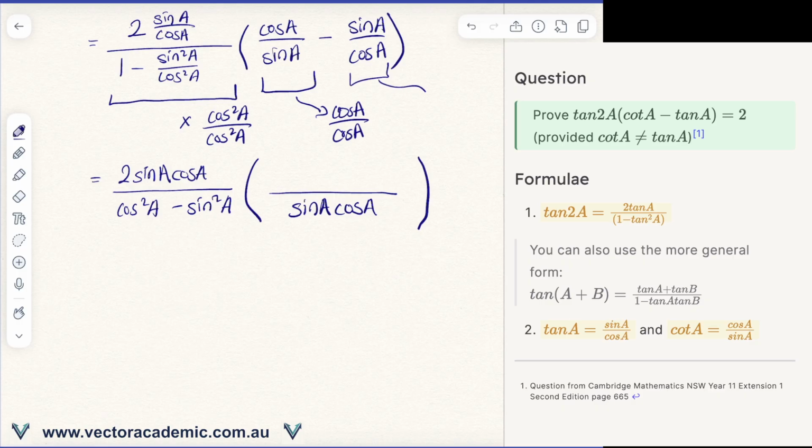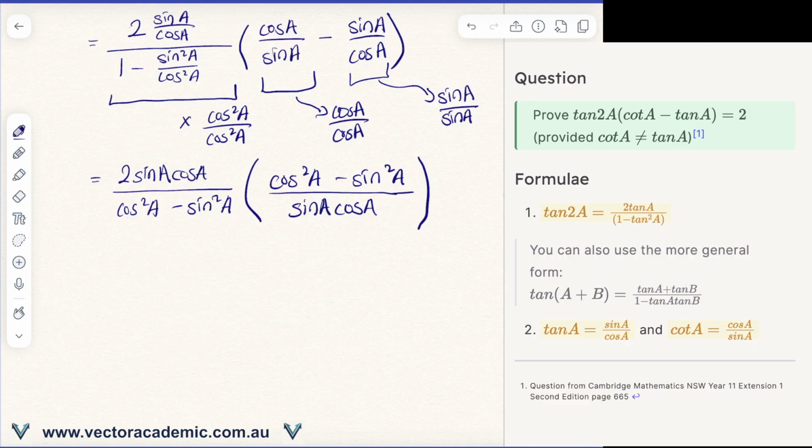And this fraction, I need to multiply the denominator by sine A to get that common denominator. So I have to multiply the numerator also by sine A to not change the value of the fraction. This means that we have cos squared A minus sine squared A on the top.